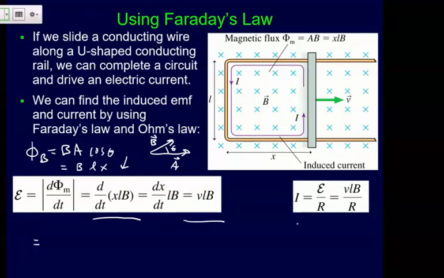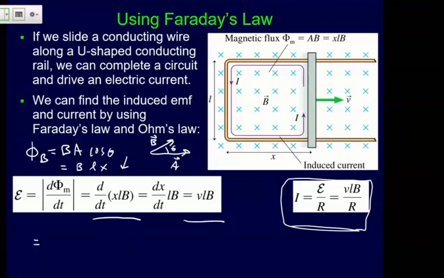And then just a heads up, the book and a lot of our problems will be interested in the current, not just the EMF. So a typical style problem, like on a test, might say, find me the current and tell me the direction of the current. We've been dealing with Lenz's law to find the direction of the current. To actually find the current, you need to find the EMF, the electromotive force, which is basically like the voltage in your wire.